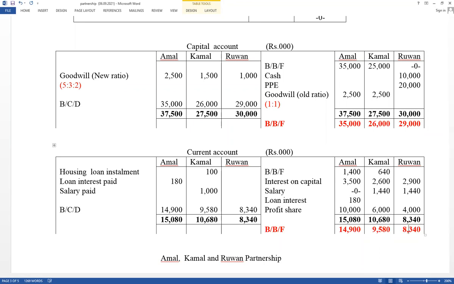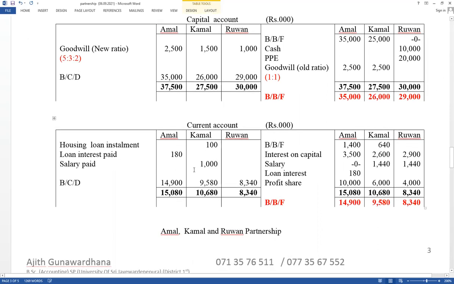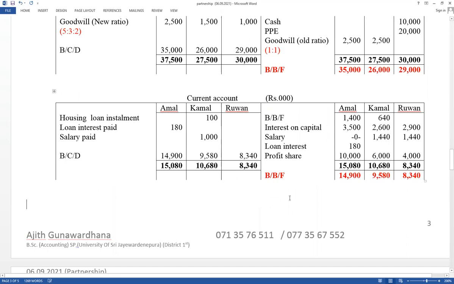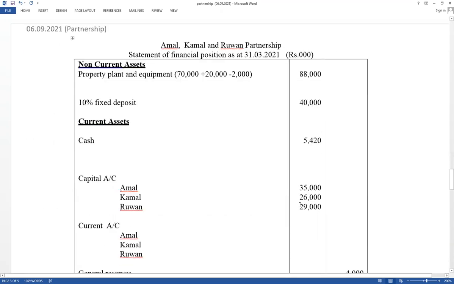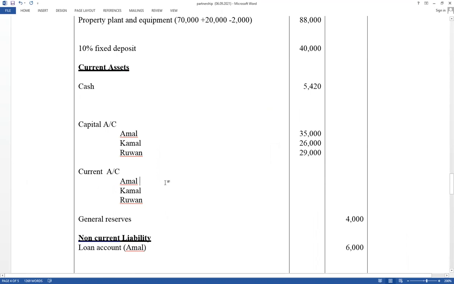Then those values should be included in financial position also: 14,900, 9,580, as well as 8,340. Closing current account balance is also part of equity. Financial position should be recorded. Therefore, current account balance 14,900 and 9,580 as well as 8,340.